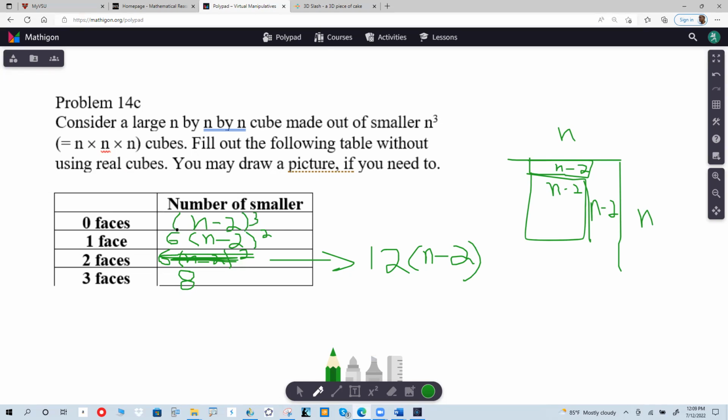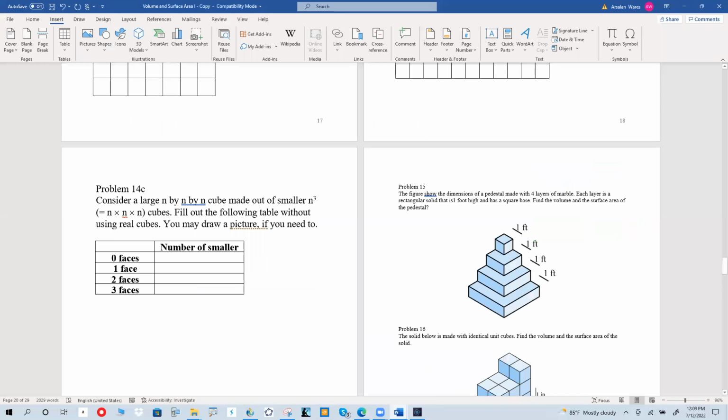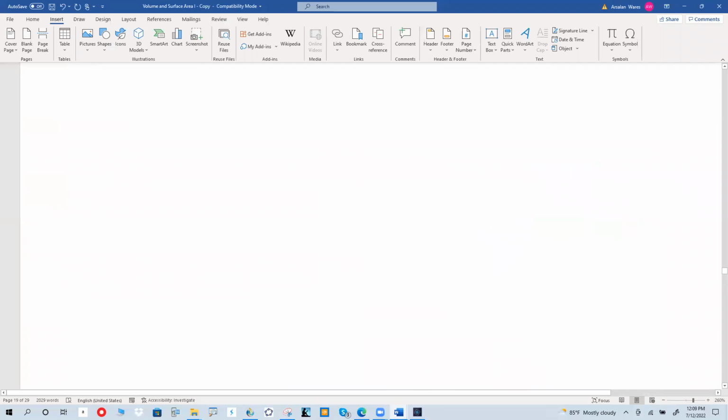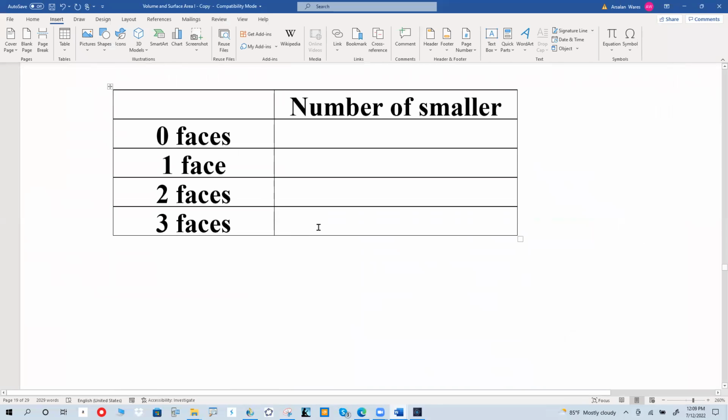So that's a general formula for our cube. We started with a concrete block, we used one face, and now we have a general formula. I'm going to write the general formula right here because it looks nicer. So this is going to be 8, and two face showing cubes will be 12 times n minus 2.